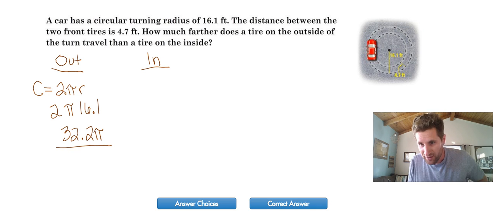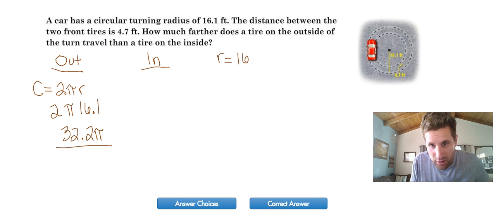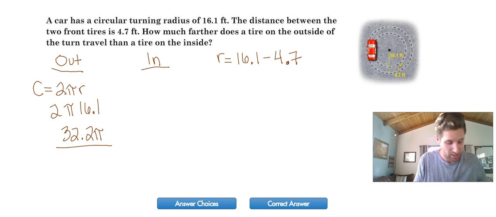The inside, now the inside is 4.7 shorter, so to find the radius of the inside, we're going to take 16.1 and subtract 4.7. And we should come up with about 11.4. And we're going to use that guy.